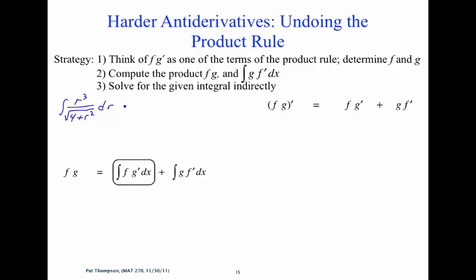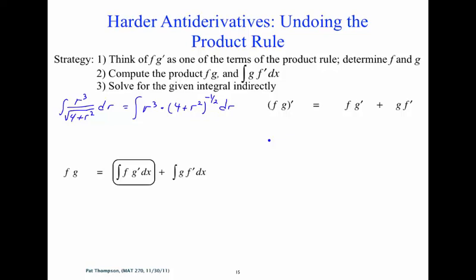Yeah. Okay, so the first thing to do is make this a product. So we're going to do r cubed times, say, 4 plus r squared to the negative 1/2. Okay, so we've got to think about this. We're going to have an f and we're going to have a g prime.